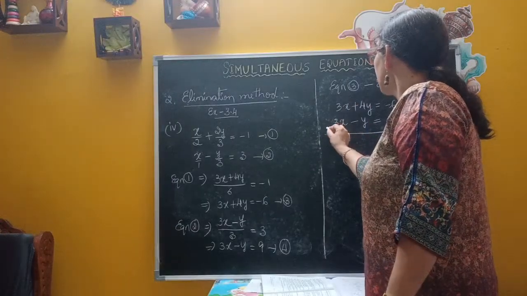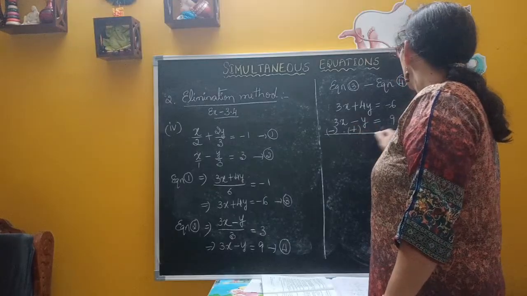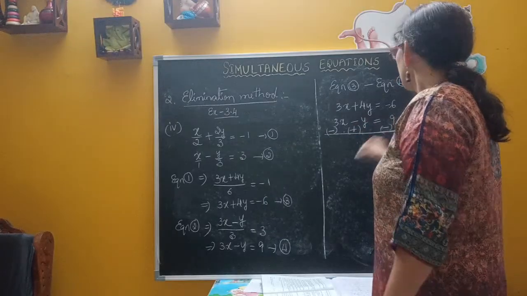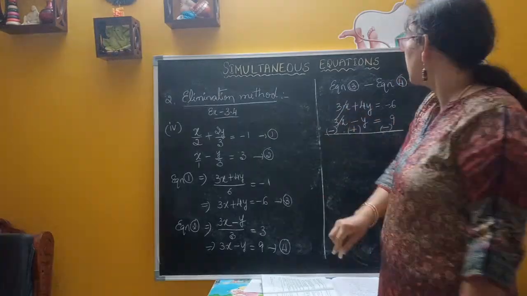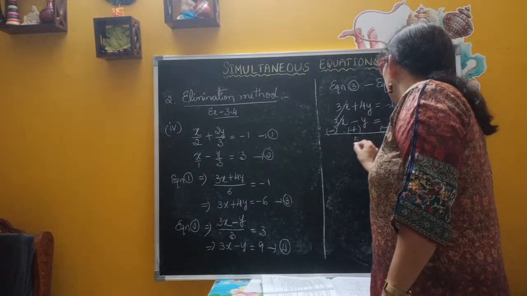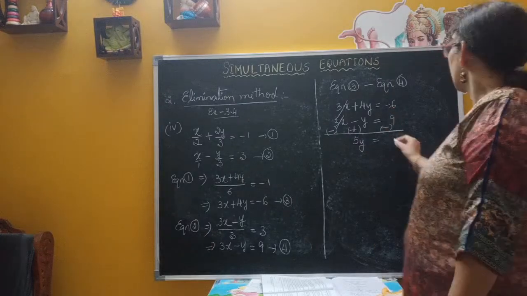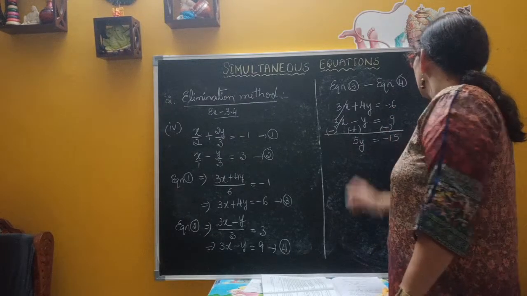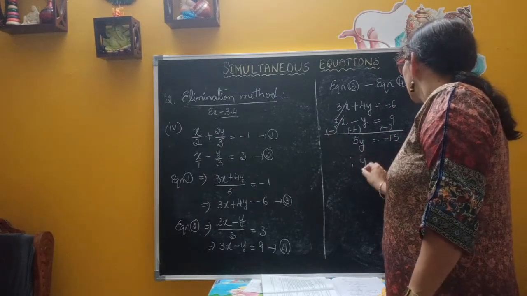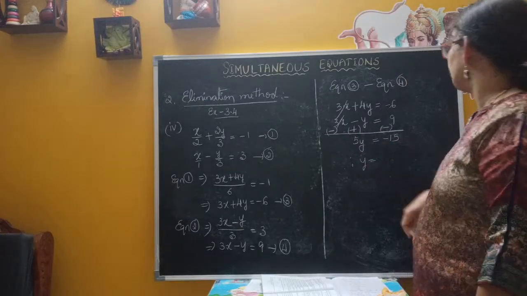So plus 3x becomes minus 3x, this minus becomes plus, and this plus becomes minus. 3x gets cancelled. So 4y plus y, it is 5y is equal to minus 6 plus minus 9 is minus 15. Therefore y is equal to minus 15 divided by 5.